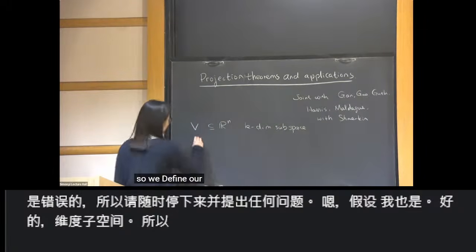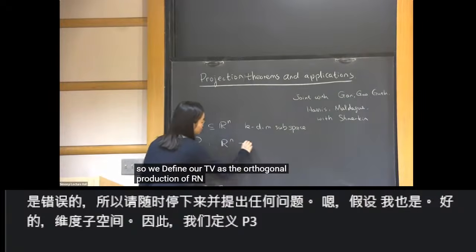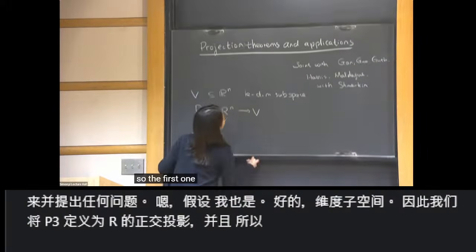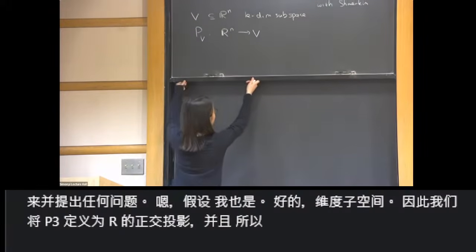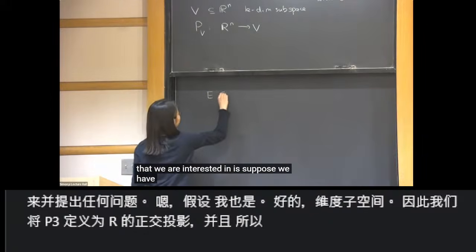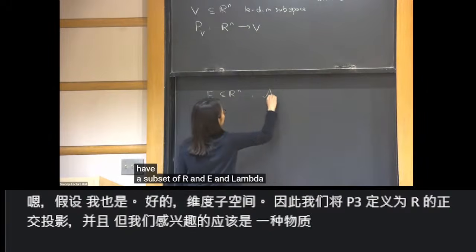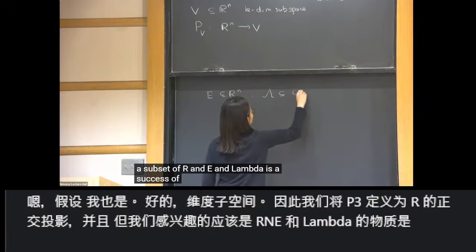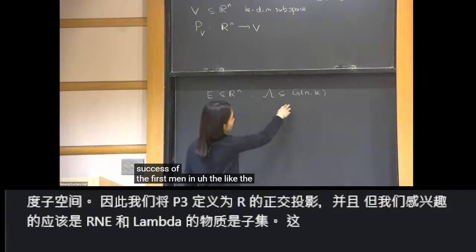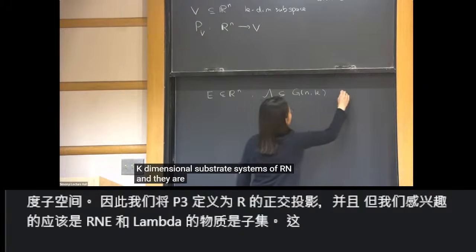We define P_V as the orthogonal projection of R^n to V. The question that we are interested in is, suppose we have a subset E of R^n, and Lambda is a subset of the Grassmannian, a set of k-dimensional subspaces of R^n, and they are both compact.